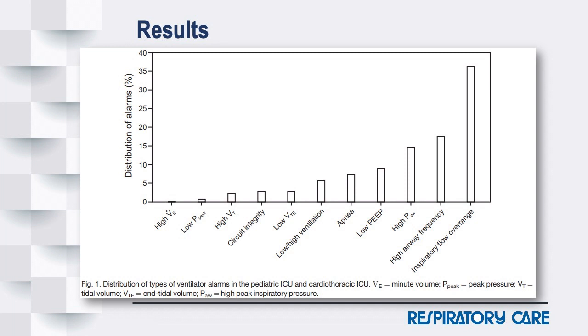And the interesting thing, and this is just my opinion, is that of all these alarms, the most alarming to me would be apnea and probably low ventilation. I think those would probably be two of the most alarming ones to see. And maybe circuit integrity and low peak if it's for a disconnect.